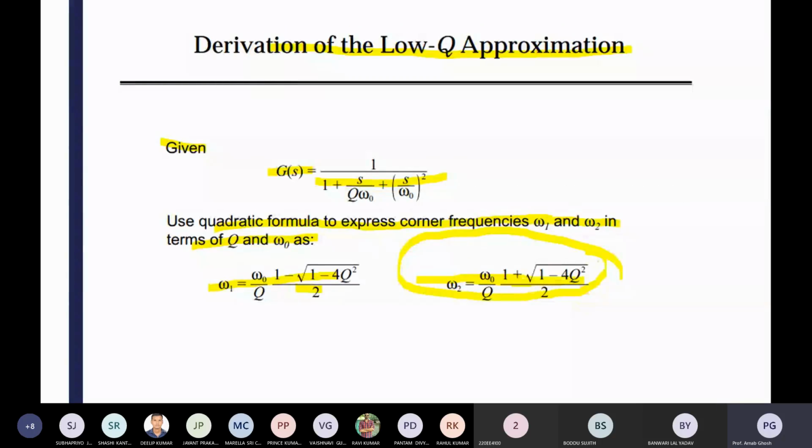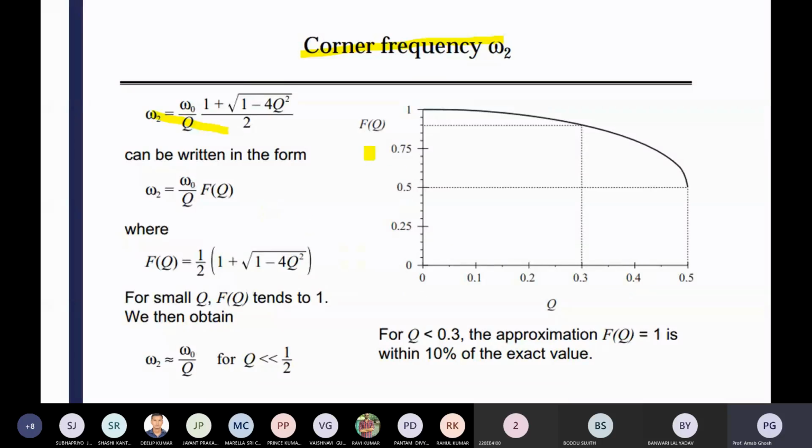Now you are varying a value, Q, and the result depends upon F(Q). When Q is 0, it comes to 2 by 2, meaning 1, so it starts from 1 when Q equals 0.